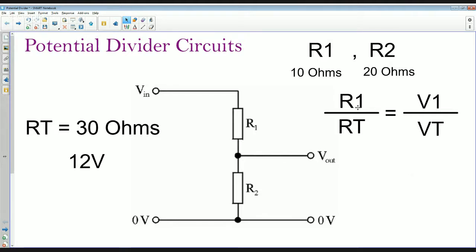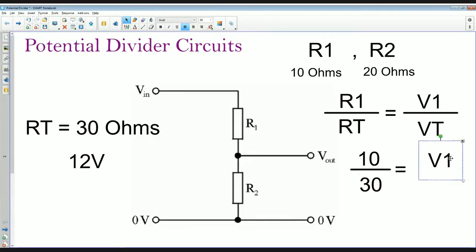In this case, R1 is 10, so let's take 10 divided by 30, which is equal to V1 over VT. We don't know what V1 is, so let's keep V1 on top, and VT is 12.